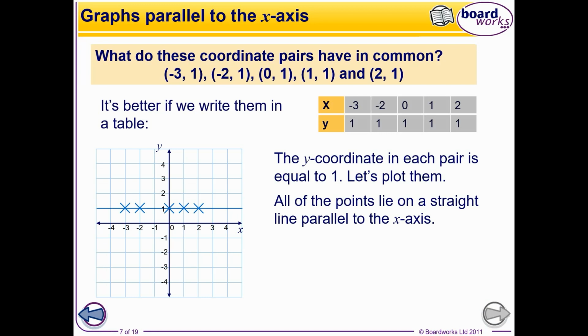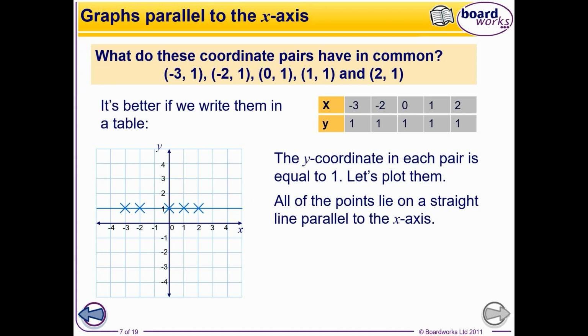So other coordinates which are also on this line are, for example, minus 1, 1, which is here. We have also, for example, 4, 1, which is here, etc. All these points lie on this line. All coordinates which have 1 as their y coordinate lie on this line.